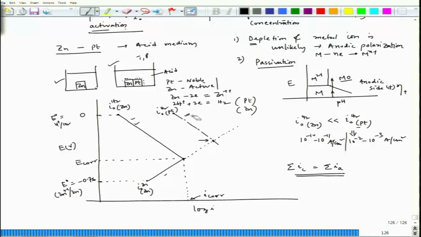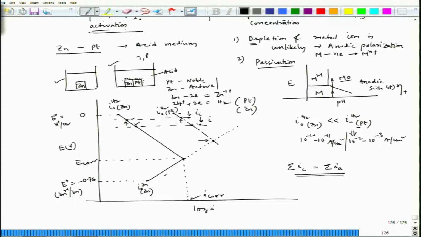Now in order to add up, since it is a log scale, it will go at this point, because I have to add at every potential this one and this one, these two current densities, and get to the new current density, which is this one. Similarly here we have to add this point as well as this point to get to the new current density, which is the new IC.